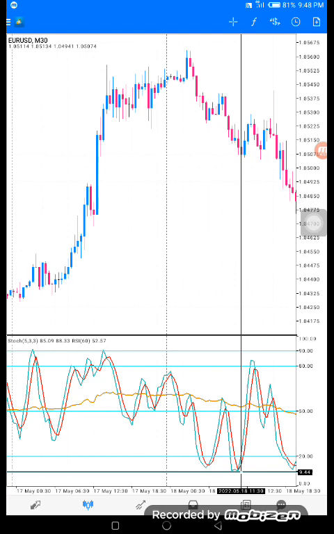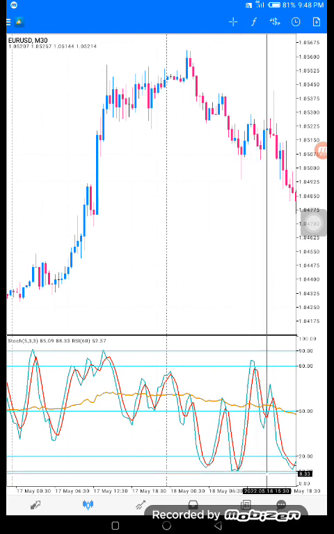So here again we'll have a crossover. When you enter the trade there, you still make a profit before the market comes down. When you enter here, you put your stop loss below the entry point. After then, when your market is in profit, you bring your stop loss from below the entry position to above or at break even.